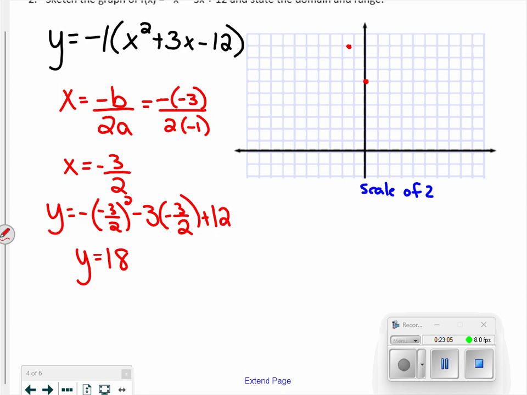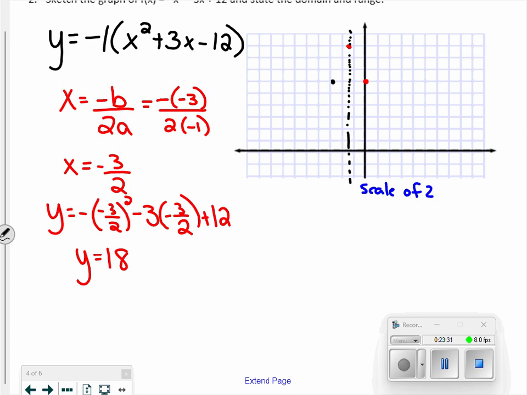And because we have our vertex, we could find that matching point. Maybe I'm just going to switch it. We have this as our axis of symmetry. So we would have that dot right there, equal distance from the axis of symmetry.